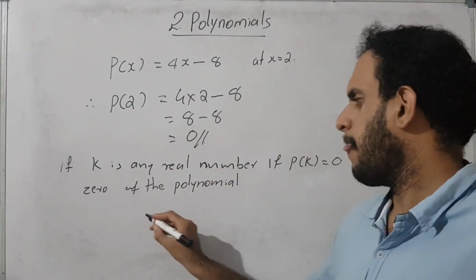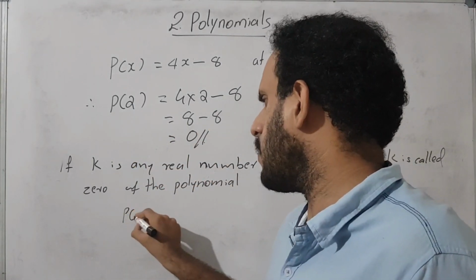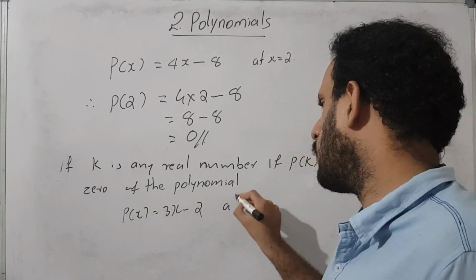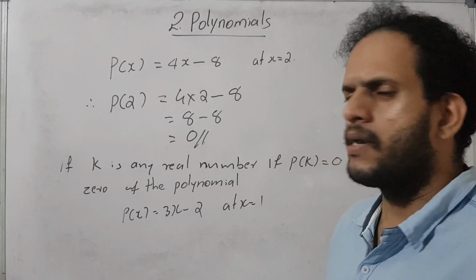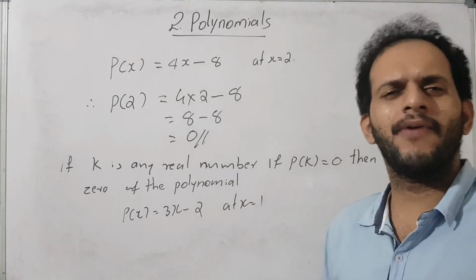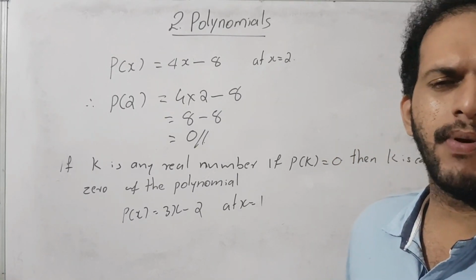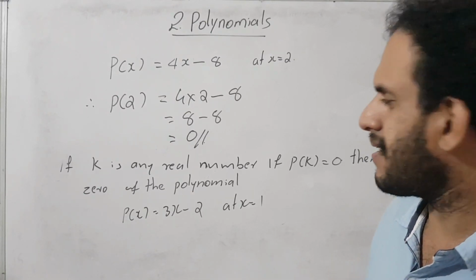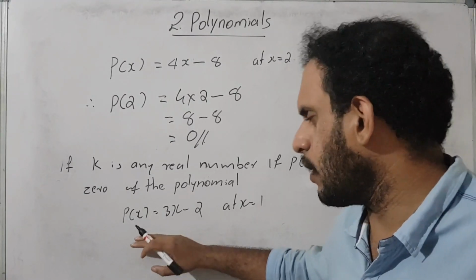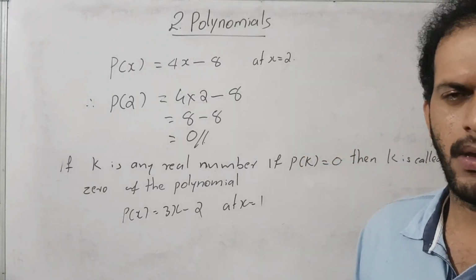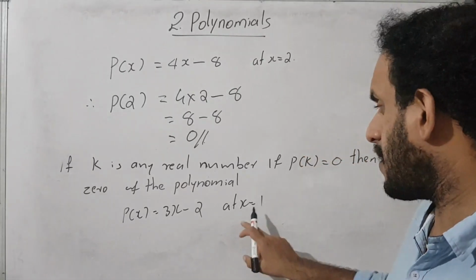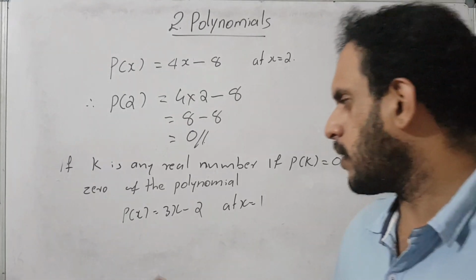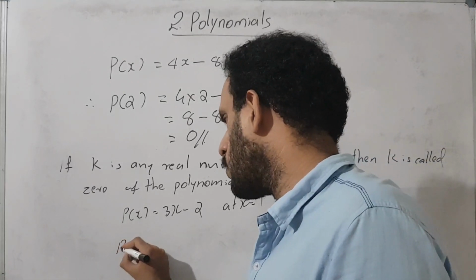For one more example, p of x is equal to 3x minus 2 at x is equal to 1. Here we need to find the value of p of x at x is equal to 1. How do we find? Or otherwise, we need to check whether x is equal to 1 is the 0 of this polynomial p of x. Then how do we check? We just substitute 1 instead of x.